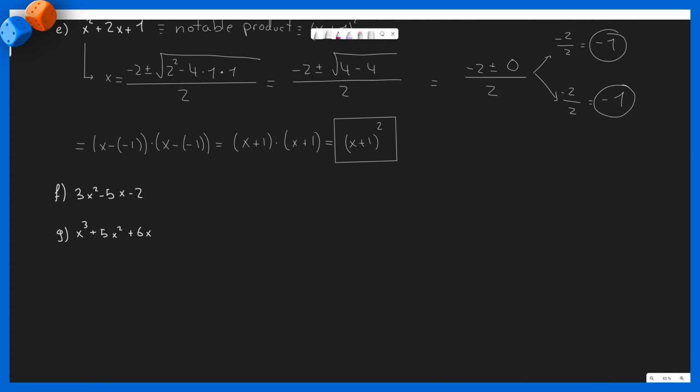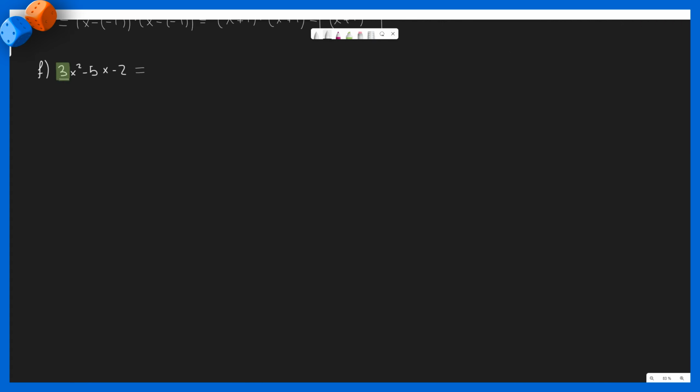Let's get to the next one. Paragraph F. We have an expression with a free term, with a constant term. So we will have to use the quadratic formula and then multiply it times the term that accompanies x squared. So x is equal to minus b, minus 5, plus minus the square root of minus 5 squared minus 4 times a times c.